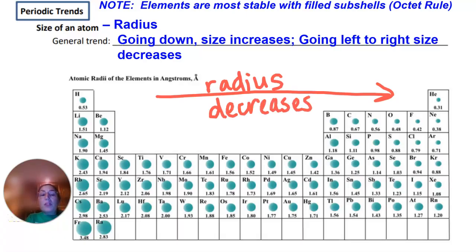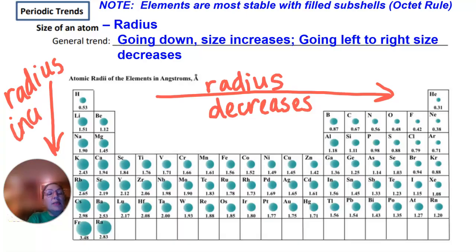I worry about writing just size because so many folks confuse that with mass, average atomic mass. And then here we have radius increases. Some people just write arrows for that too. But radius decreases left to right and increases going down.